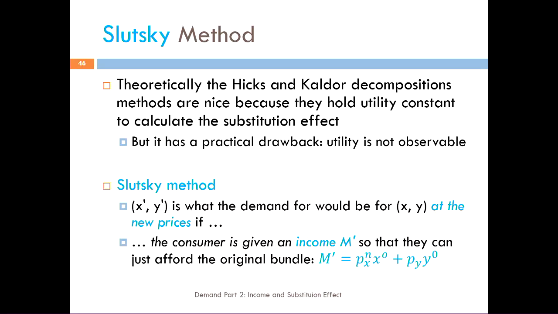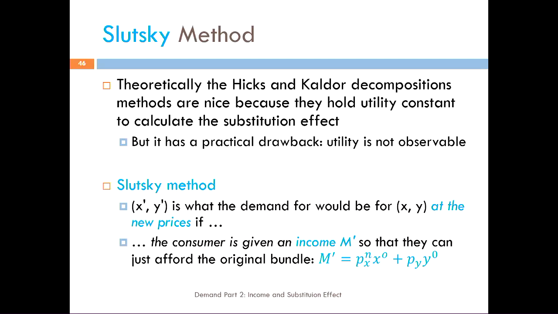And then say, okay, how much income do we need to buy those original bundles at the new prices? We give that consumer that much, right? Then see what the hypothetical demand would be. Remember, it's not going to be the original bundle because the relative prices have changed. It's going to be a substitution effect. And then we'll see what the hypothetical demand is. Call that X prime, Y prime, right?